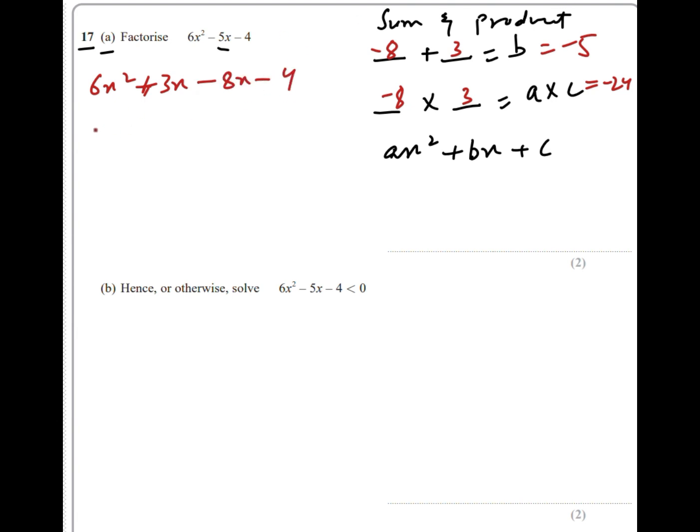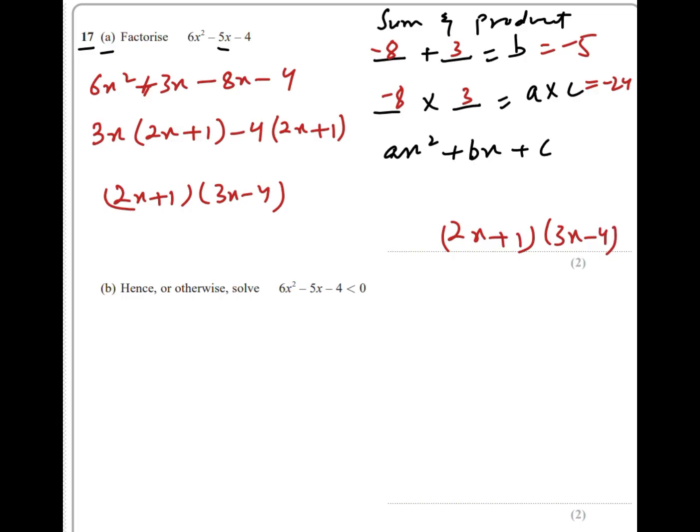If you take out 3x common, you get 2x plus 1. And if you take out 4 common, you get 2x plus 1 as well. So your factors are 2x plus 1 and 3x minus 4.